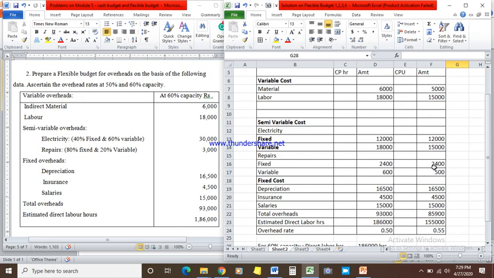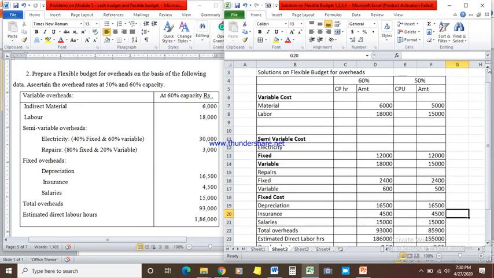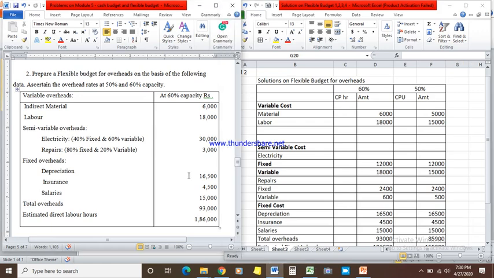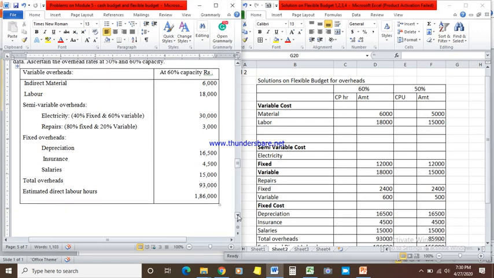And this is the reason why a company, irrespective of whether they go for 30% or 40% capacity, has to bear some of the fixed costs, due to which the overhead rate per hour is going to increase if the production is reduced. So this is another type of problem where flexible budgets are used in determining the overheads. So let's move on to the third problem.